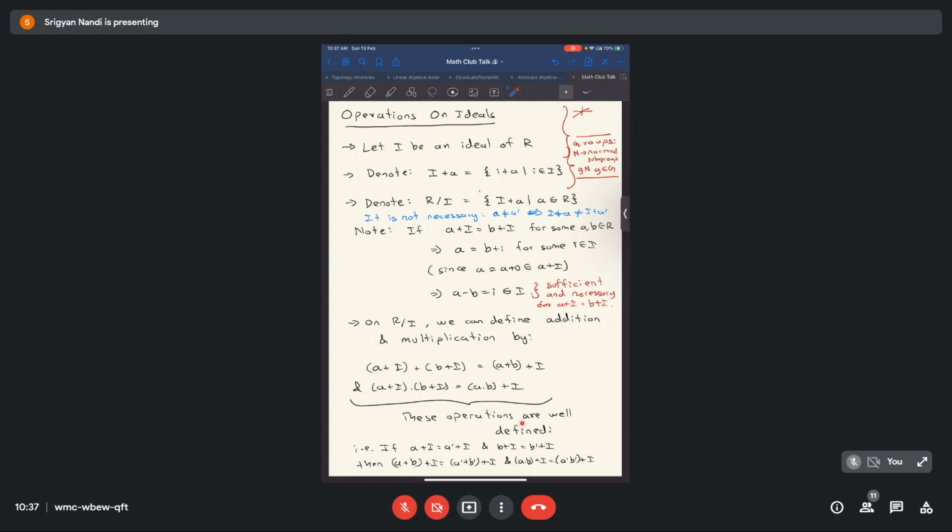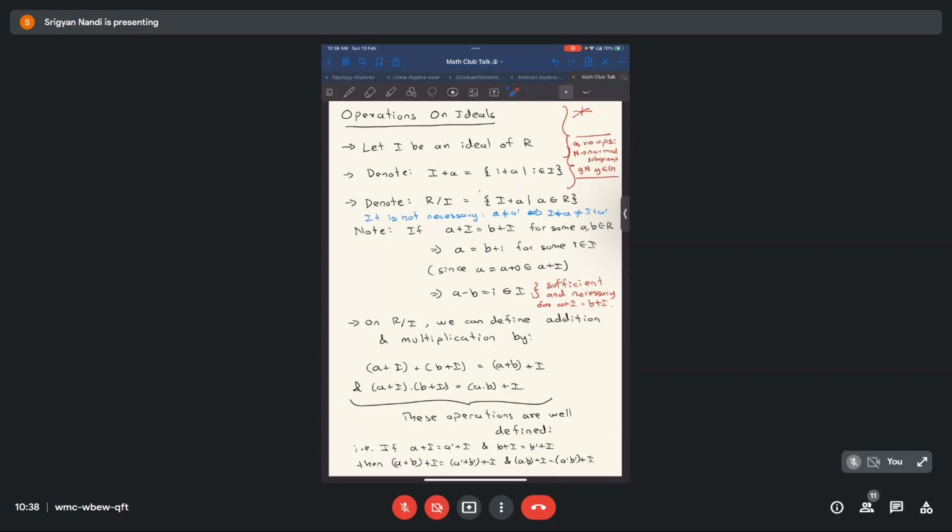So we can also check that these operations are well defined. What do we mean by well defined? We know that a plus I does not have a unique representation. a plus I could be equal to a dash plus I for some other a dash, and so could b plus I be equal to b dash plus I. When we encounter situations like these and we define binary operations, we have to be sure that these operations are well defined.